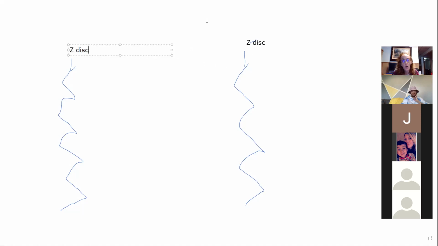And in between these Z discs, we have an overlapping arrangement of thin filaments and thick filaments.